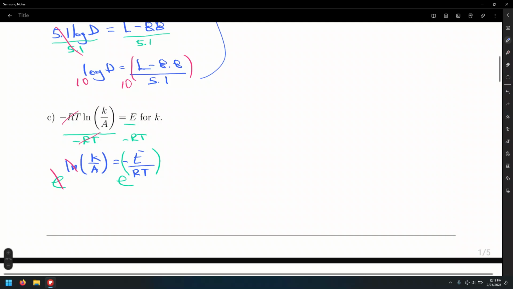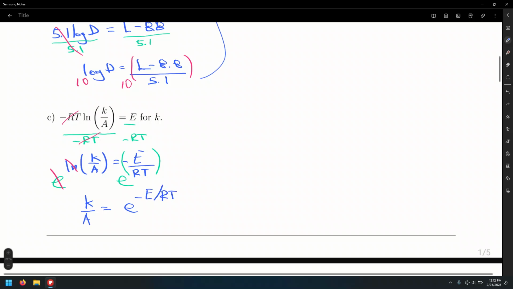So now that we got rid of the logarithmic operator, we are left with K over A, and that equals e to the negative E divided by RT.